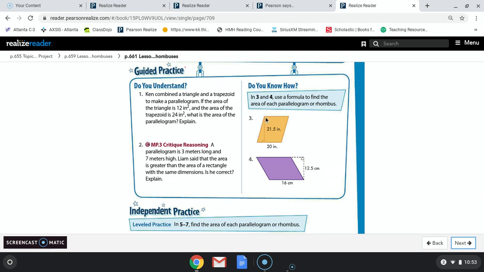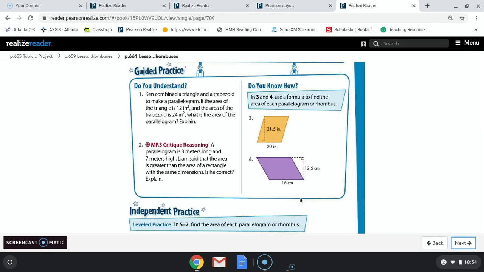We know that they've added on this triangle here, so this is going to be a parallelogram. In that case, we would take 20 inches, the base, times the height, 21.5 inches, to come up with the area. Take a moment and try that. You should come up with 430 inches squared.